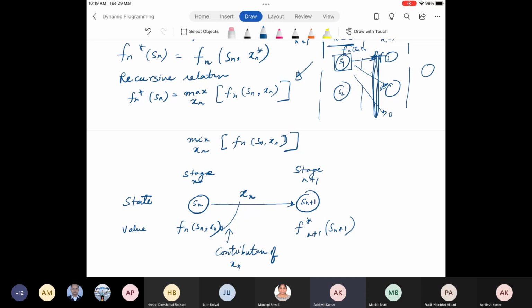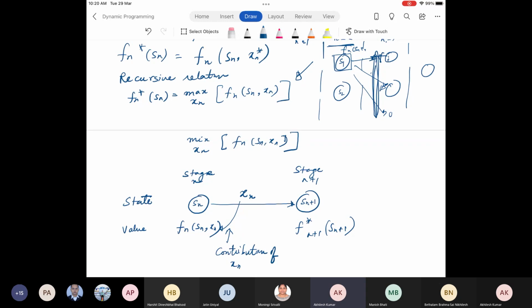Like suppose the first problem which we have solved, what kind of problem in OR was it? Critical path, Madam. Critical path. More importantly, shortest path, right?